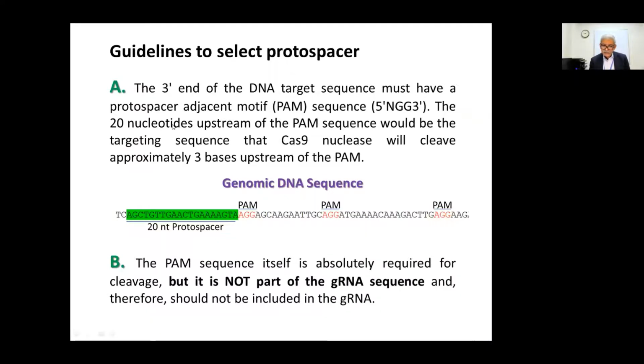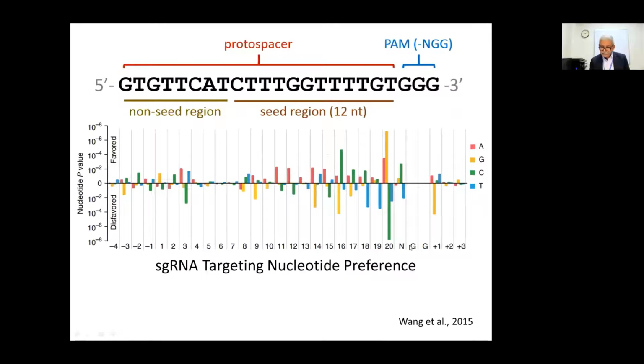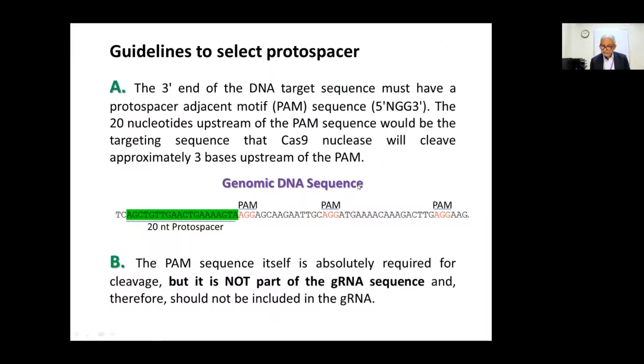The 20 nucleotides upstream of the PAM sequence would be the target sequence that Cas9 nuclease will cleave approximately 3 bases upstream of the PAM. Okay, so if this is the PAM site, the Cas9 will cut 1, 2, and 3, between 3 and 4. Here it will cut. Okay, so this is another inference that we already have.